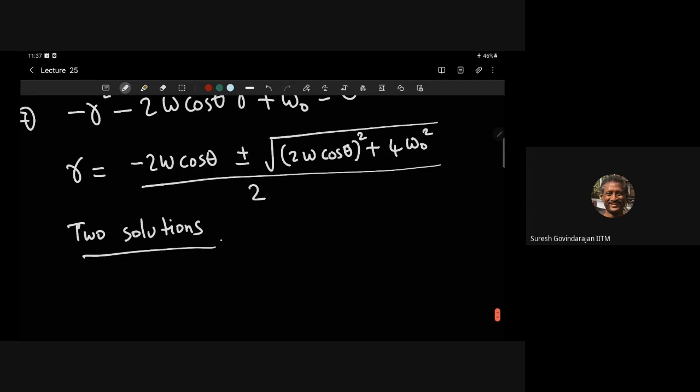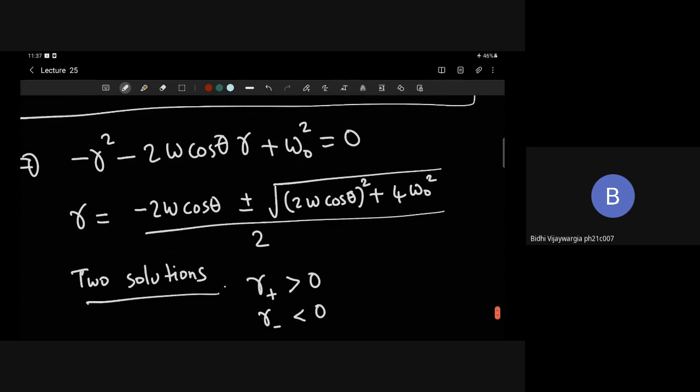Corresponding to both choices of signs, gamma plus is clearly greater than 0, right? Do you agree? Gamma plus is greater than 0, and gamma minus is less than 0, some negative thing. In gamma it will be 2 omega cos theta, like minus b.